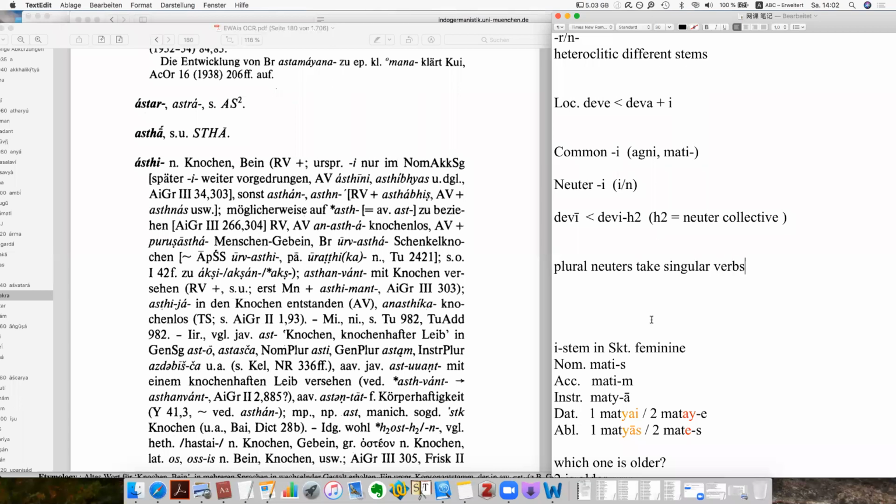In Greek, the neuter plural actually uses a singular verb, which is really a collective notion. And the plural neuter ending is actually alpha, and this alpha you find also in feminine forms.